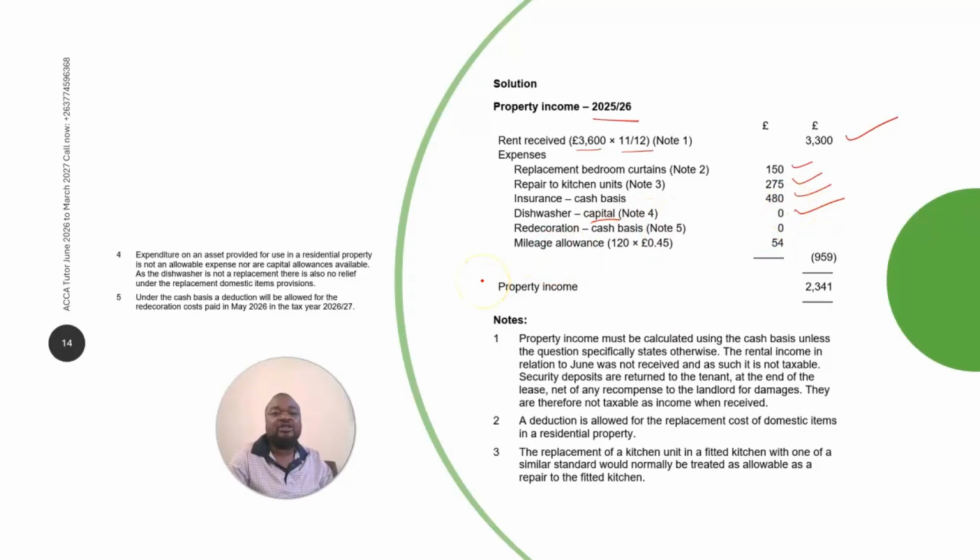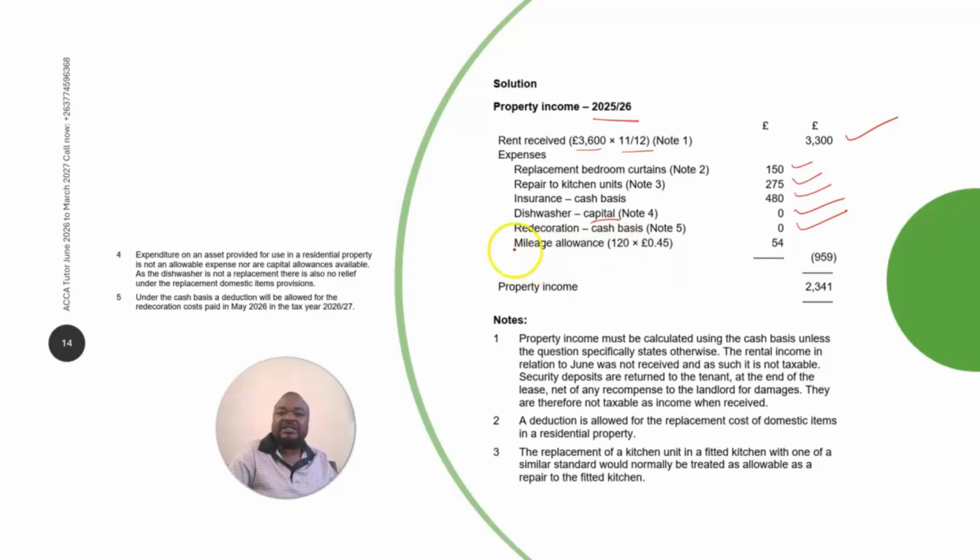Because if you simply do not write anything, then by the end of the day you're not going to earn any mark. So you need to show the examiners that you are very knowledgeable of the fact. Then redecoration. Remember, this one was done outside. The payment was made outside the tax year, so we are going to put a zero there.